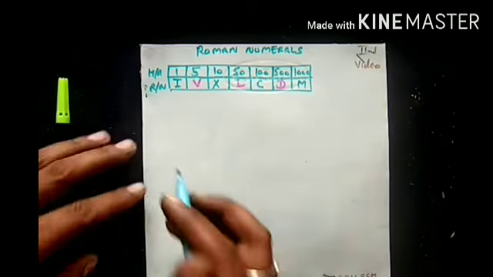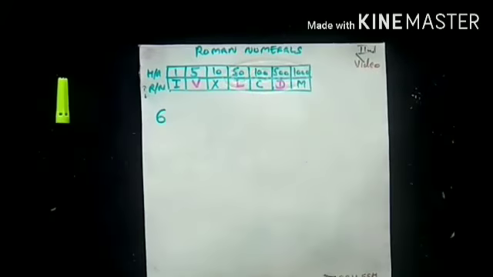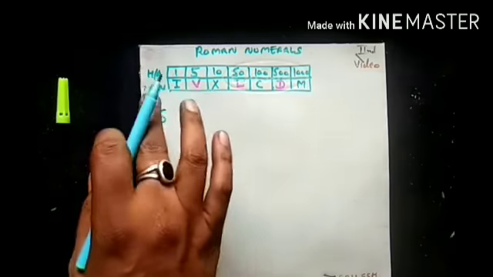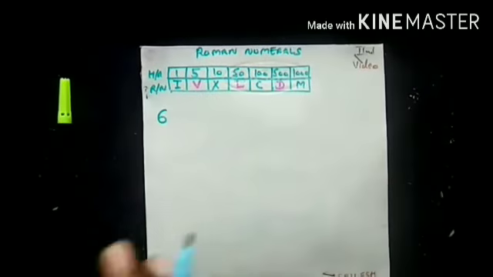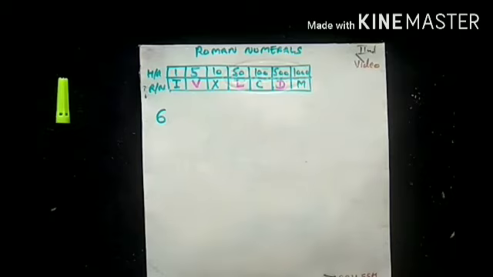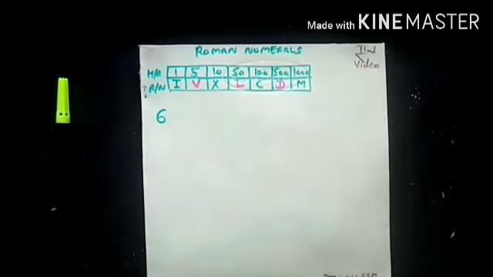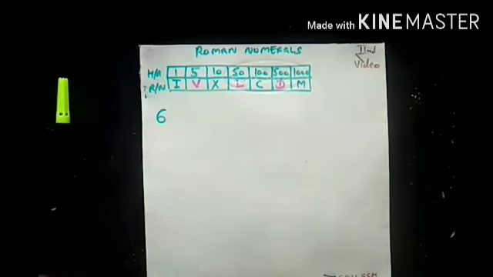I will take the number 6 in the Hindu Arabic system and I have to write 6 in Roman numerals. We have no direct symbol for 6, so we have to apply some rule. We can make 6 by addition of 5 and 1. We have the symbol V for 5 and I for 1.